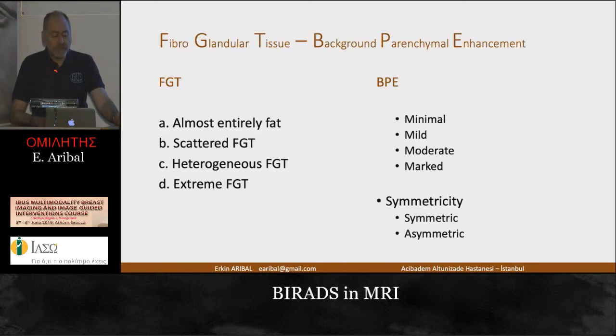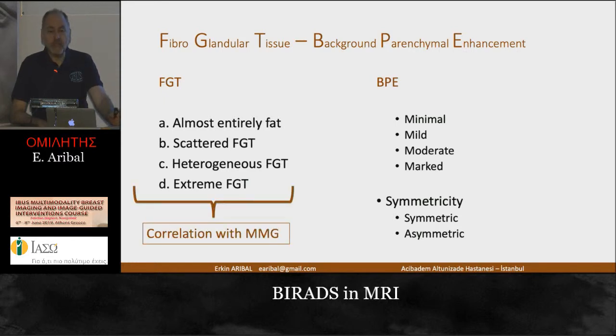We start with the fibroglandular tissue and background parenchymal enhancement. Fibroglandular tissue categorization is almost the same as the mammography categorization. It's comparable. But background parenchymal enhancement is new for MRI.